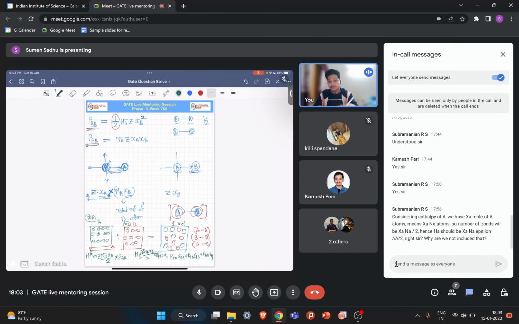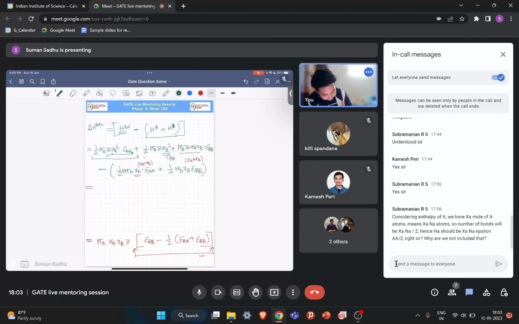So there is a probability of finding Z number of bonds with this single A atom, right? So here Z is there, Z is there. Now as XA plus XB is 1, we can multiply 1 with this, that means XA into XB.